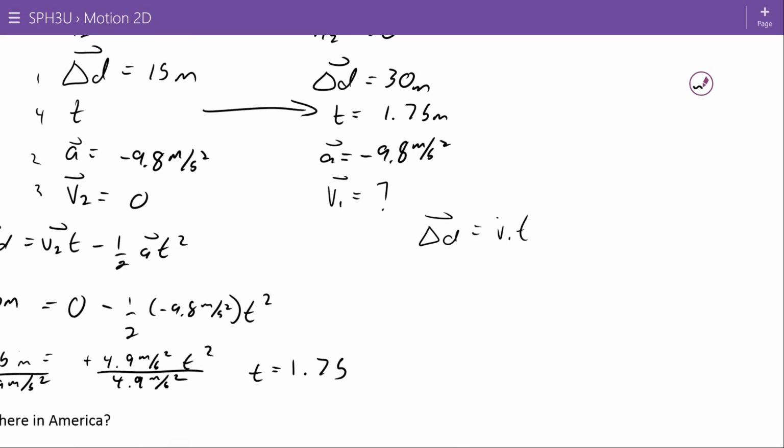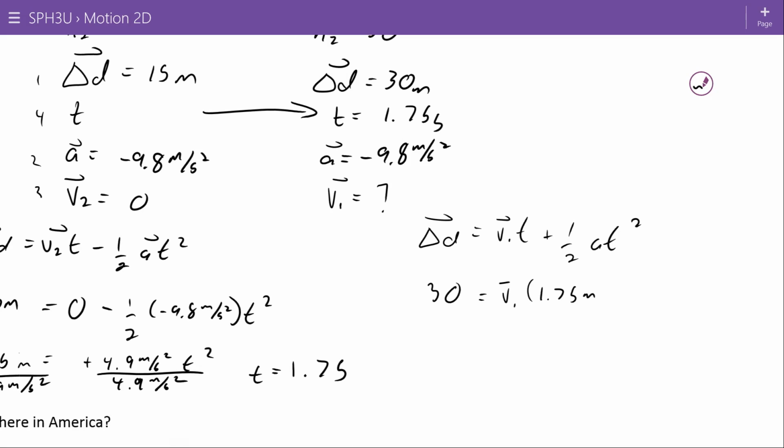Here we're going to use the more standard projectile equation. But I guess it's a little bit different because we're solving for a variable that we're almost never solving for. I put time in seconds, displacement in meters.